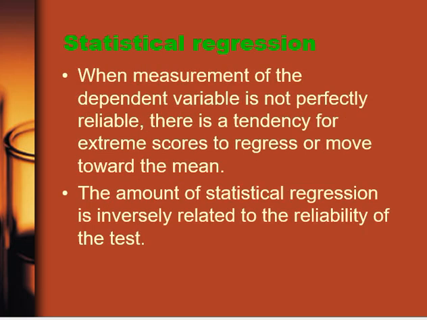So when you have a very reliable measure, this is not as big of a deal, but if your measurement is not very reliable, you could have extreme scores. And as I already mentioned, statistical regression is inversely or negatively related to the reliability of a test.